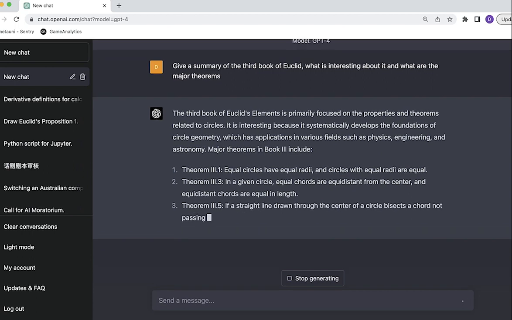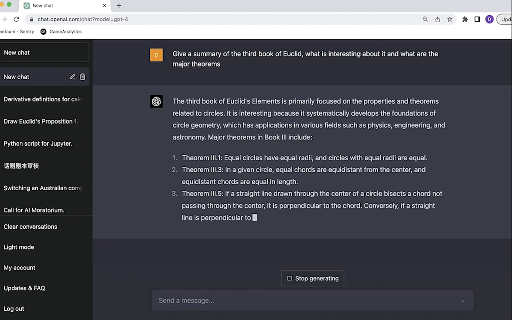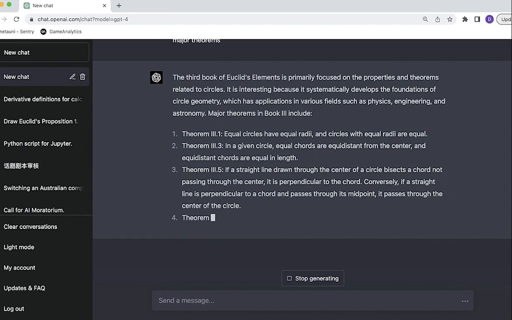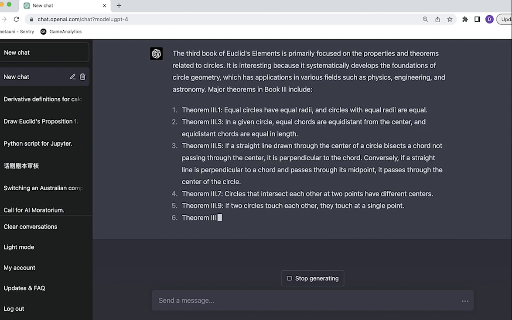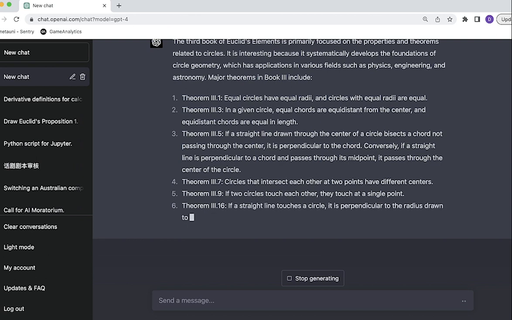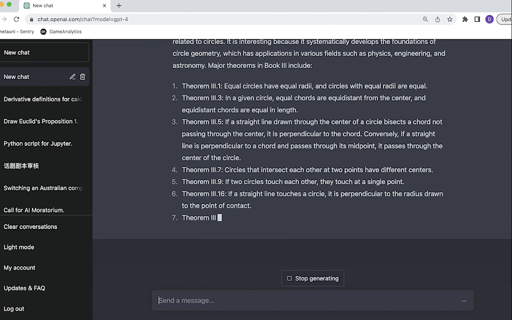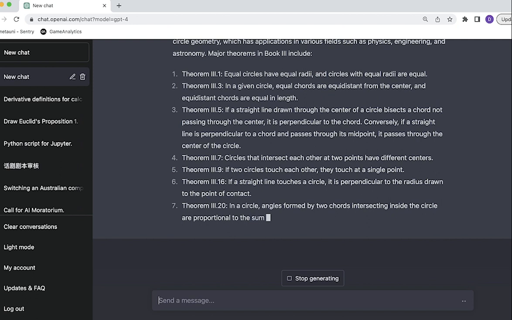Isn't that okay? What does it mean for circles to be equal if not their radii are equal? I don't know about that. It's just listing all the theorems. Yeah, at this point. No, proposition 1 of book 3 is to find the center of a given circle. No, it's completely wrong about that.